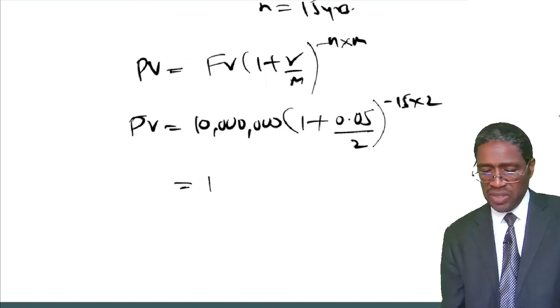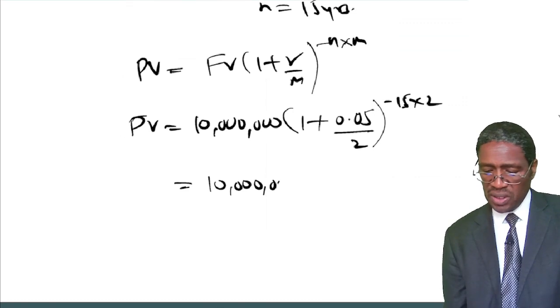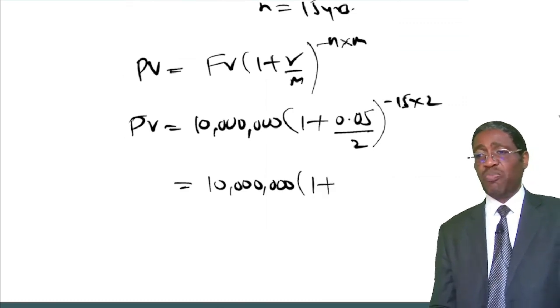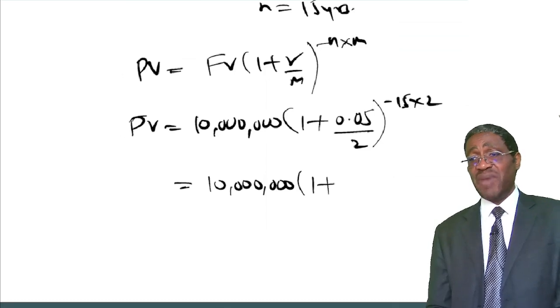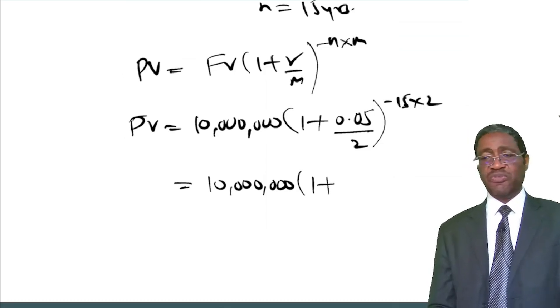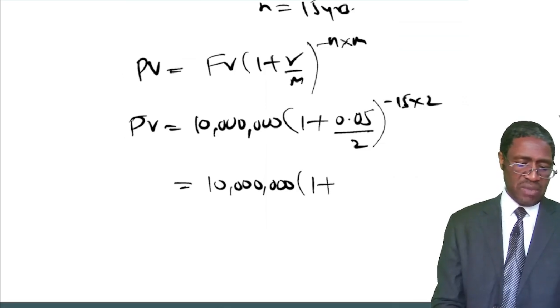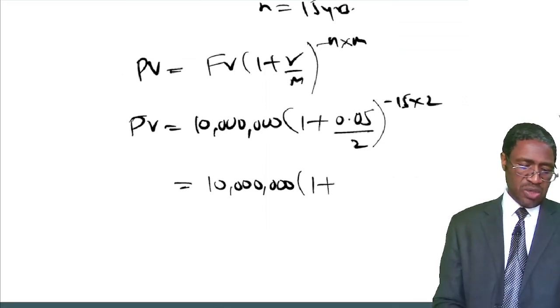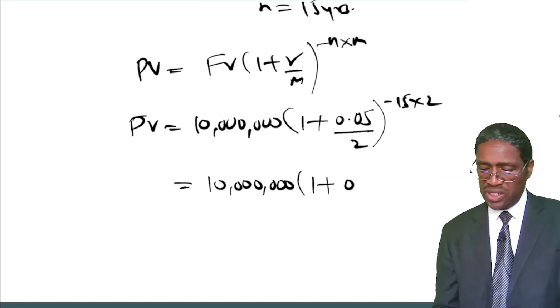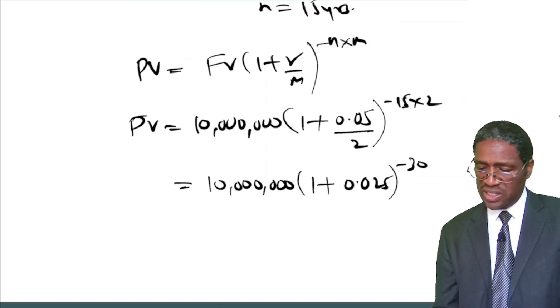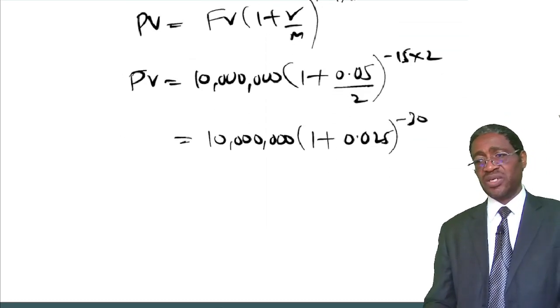This will become 10 million into 1 plus 0.05 divided by 2. What does it come to? 0.05 divided by 2 is 0.025, to the power of negative 30.